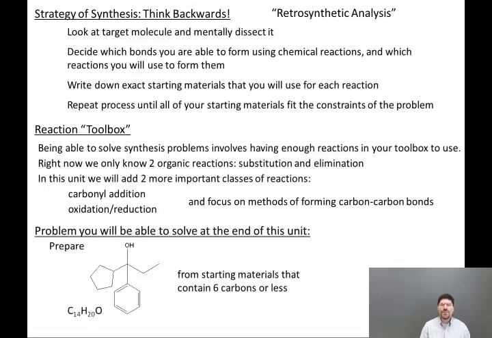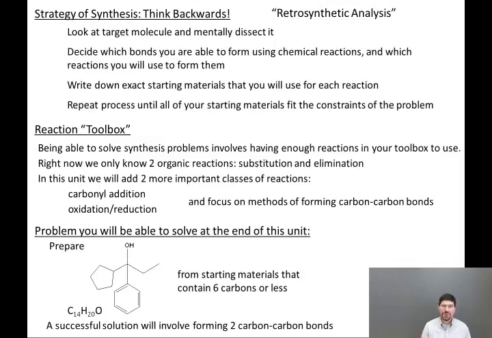So a problem that you will be able to solve at the end of the unit is the following: being able to prepare this 14-carbon tertiary alcohol from starting materials that are 6 carbons or less. So if you do the math quickly, a successful solution will involve forming 2 carbon-carbon bonds.